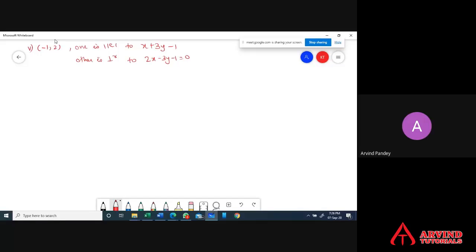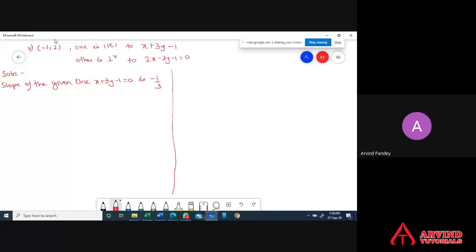Okay? So, the solution, see, I'll say first, slope of the given line x plus 3y minus 1 equal to 0 is minus 1 by 3.